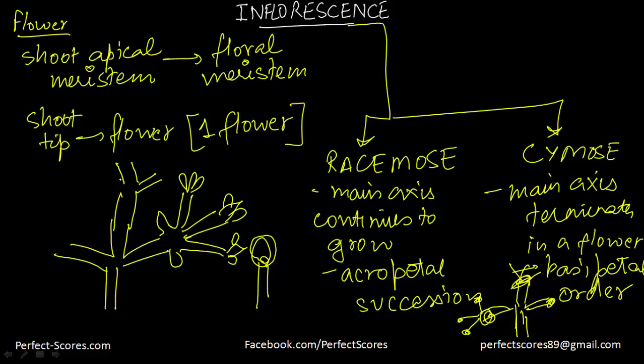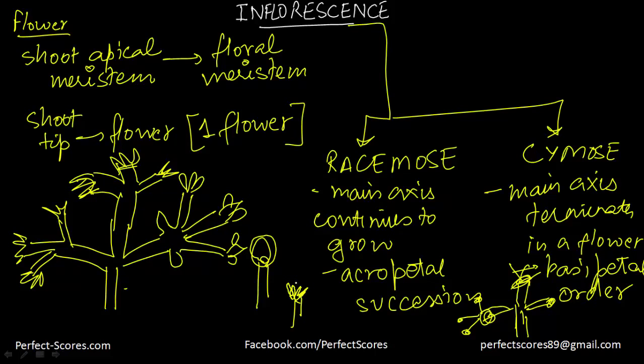Similarly, this one further develops into three more types: flower at this end, a flower at this end, a flower at this end, and this one also grows into three further types: flower at this end, flower at this end, flower at this end. So this is what is cymose, and racemose would be just simple: the flower at the top and the leaves below. So that is the difference between racemose and cymose.